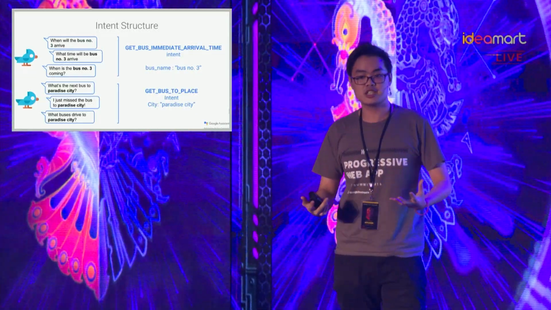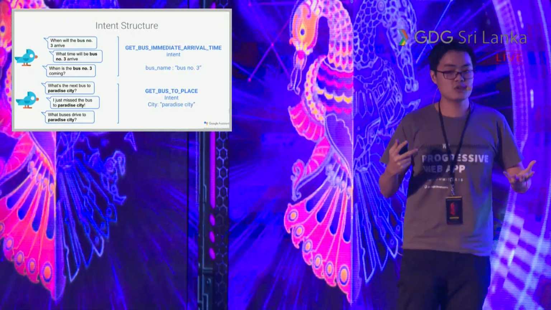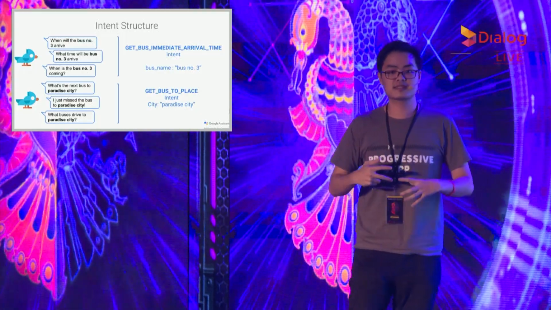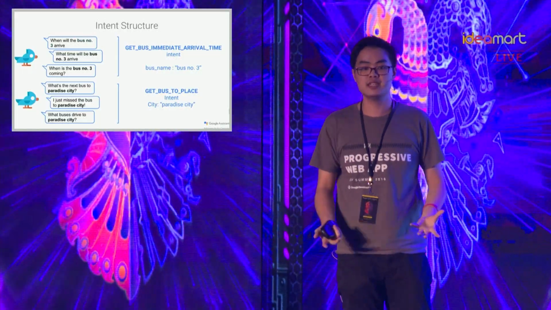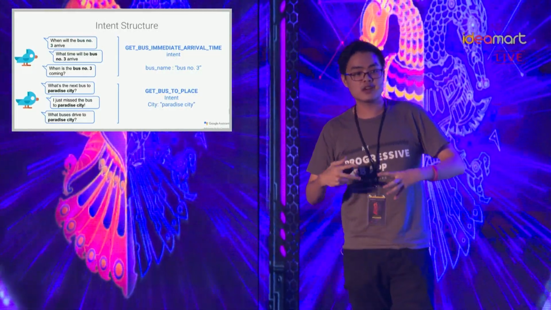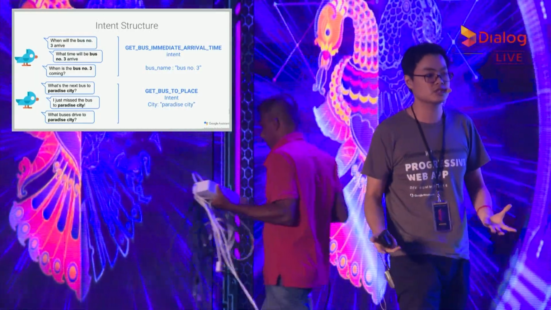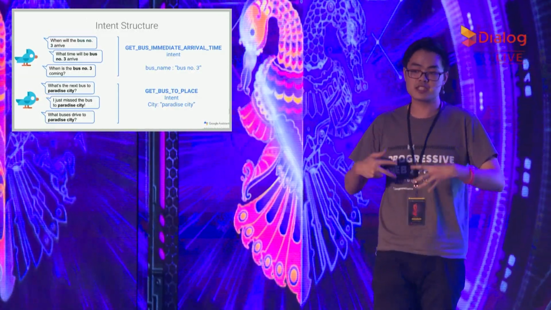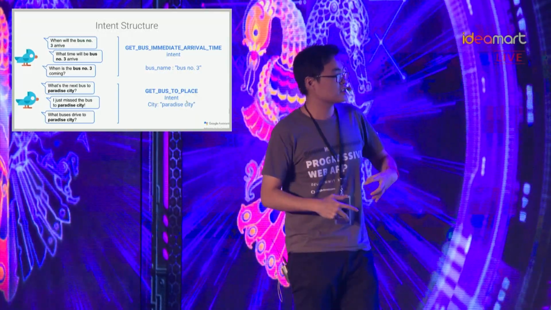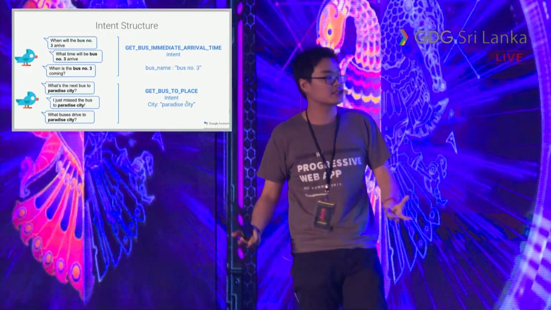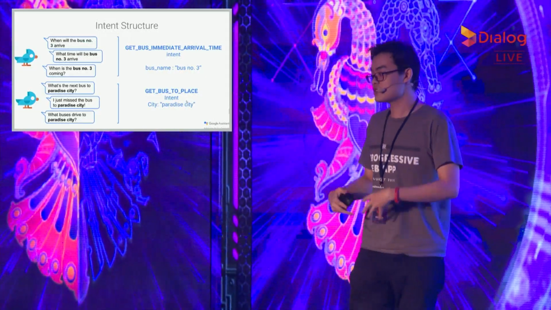So how do we actually achieve this? With Dialogflow, you are able to isolate what is necessary. In this case, bus number 3 is actually your parameter, which is the bus name, right? So with Dialogflow, it is able to identify and isolate what constitutes natural language, and what constitutes important information that you want your application to act on. So in this case, your bus number 3 is your parameter, and your intention here is to get the bus arrival time.